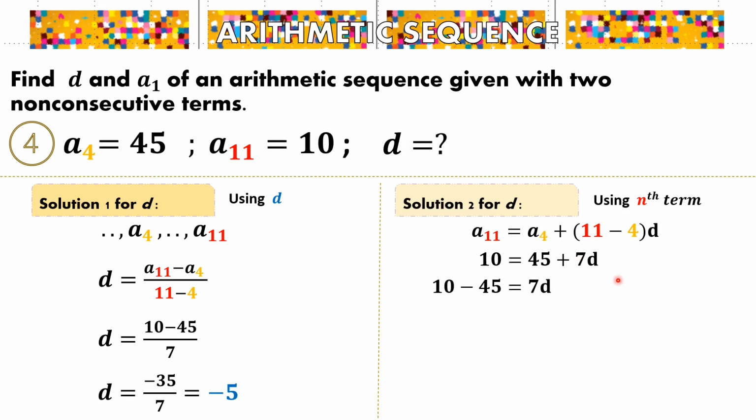So by applying subtraction property of equality, we've got 10 minus 45 equals 7d, and that is negative 35 equals 7d. Dividing both sides by 7, we've got negative 5. So the value of d is negative 5.